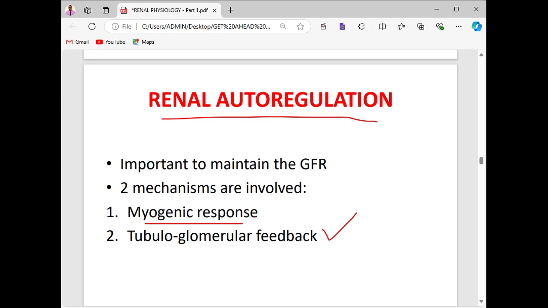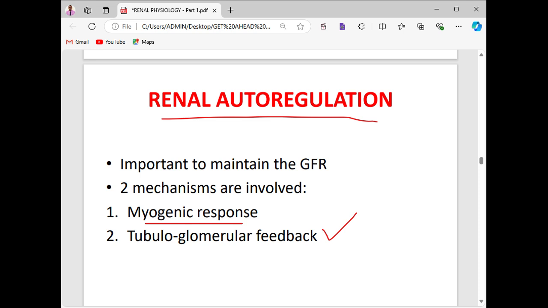Now, what are the functions of angiotensin? Angiotensin 1, we know, is physiologically inactive, and it just serves as a precursor of angiotensin 2. It is angiotensin 2 which is the most active form, and its actions include: number one, angiotensin 2 increases the arterial blood pressure by directly acting on the blood vessels and causing vasoconstriction.